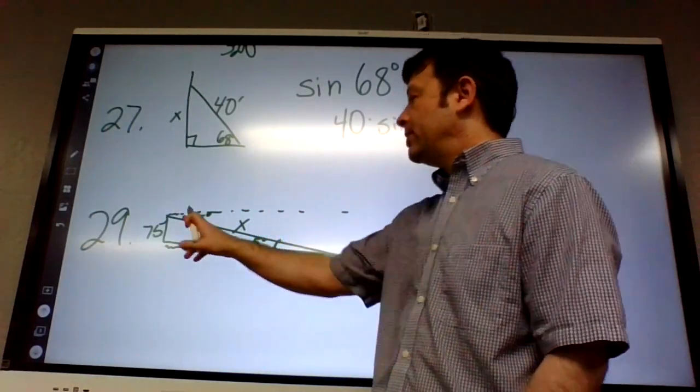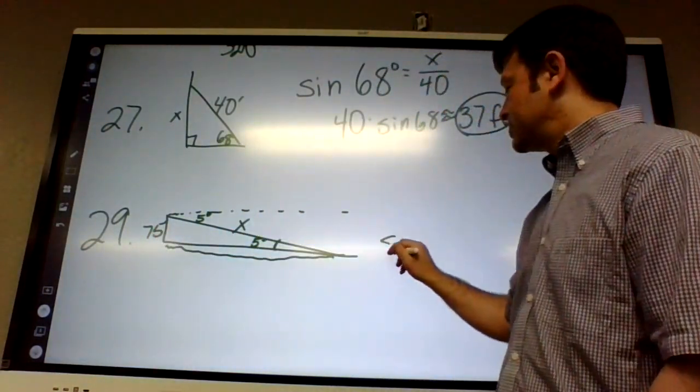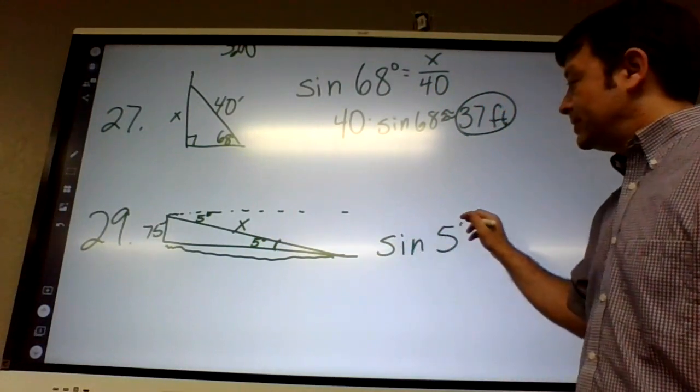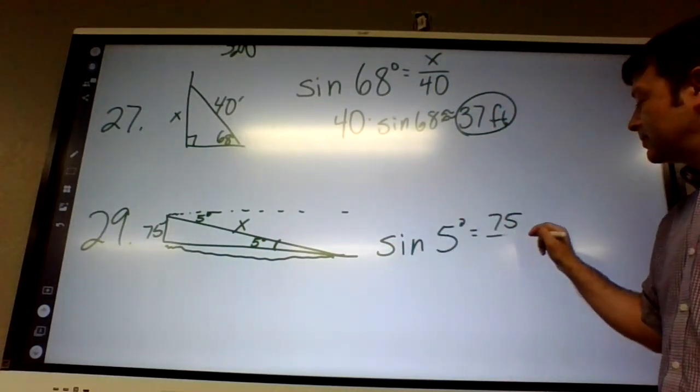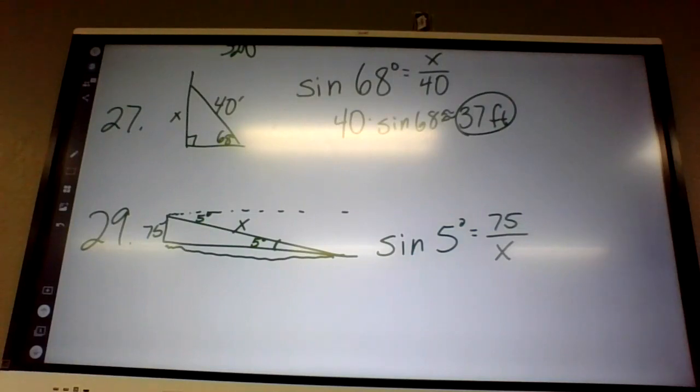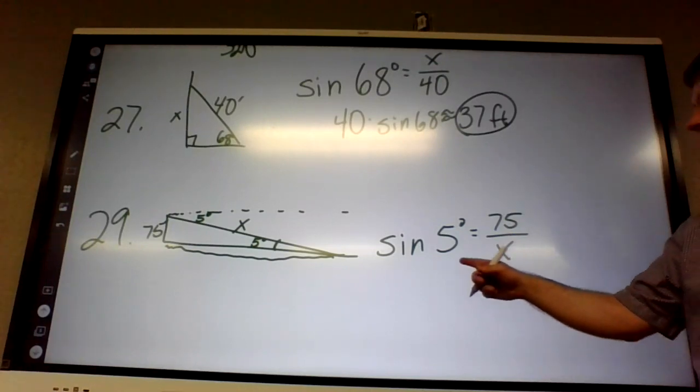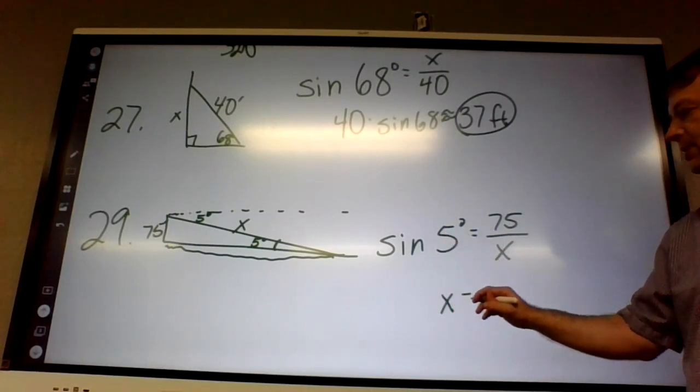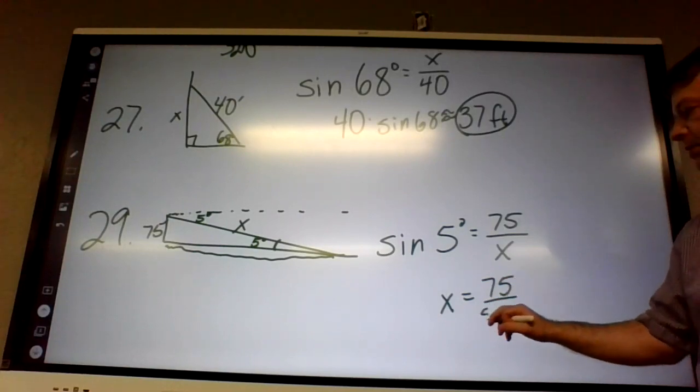Anyway, we want opposite and hypotenuse, which is sine. Sine of 5 degrees equals opposite over hypotenuse. So x is on the bottom, so you switch x and sine of 5.